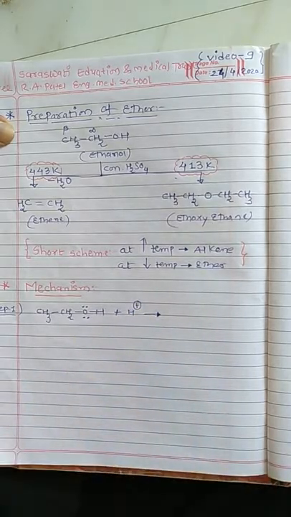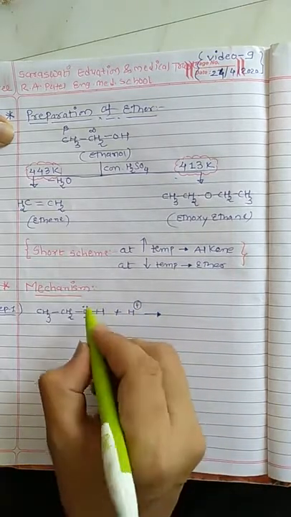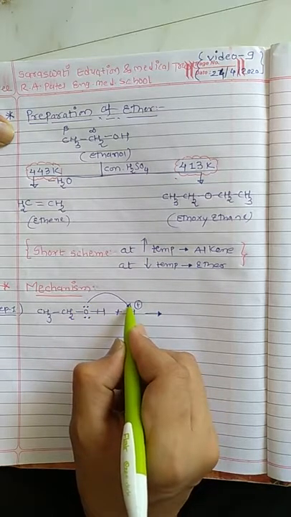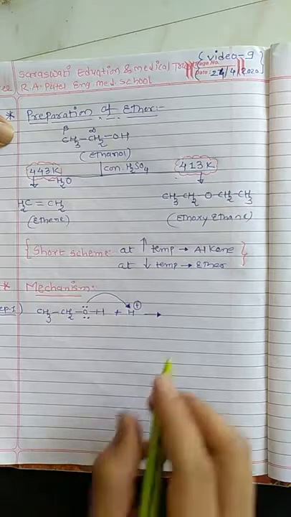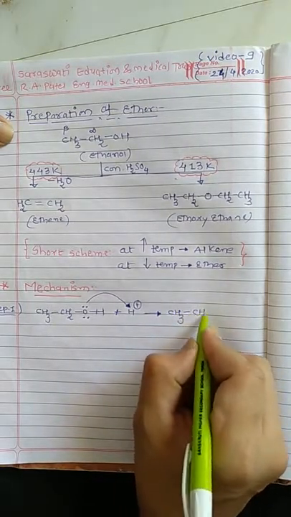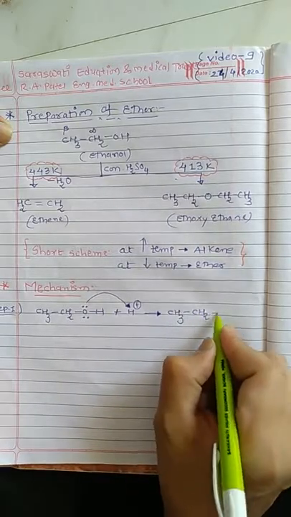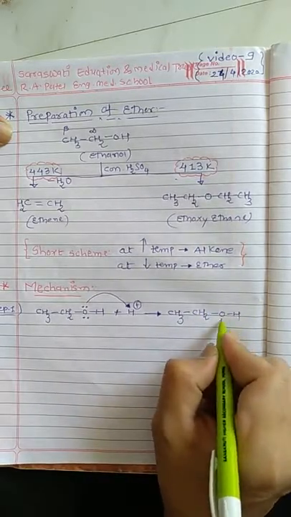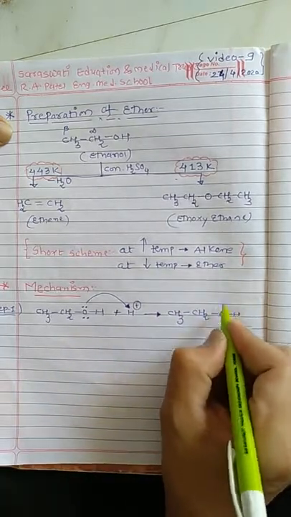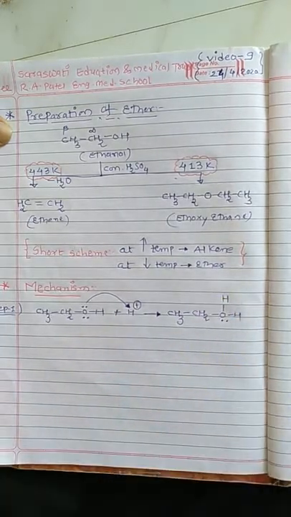So what is the role of the non-bonding pair of electrons? The non-bonding pair of electrons will attack H plus and gain this H ion. So it will form CH3 CH2 OH, with one non-bonding pair of electrons, but now oxygen has occupied one more hydrogen atom.